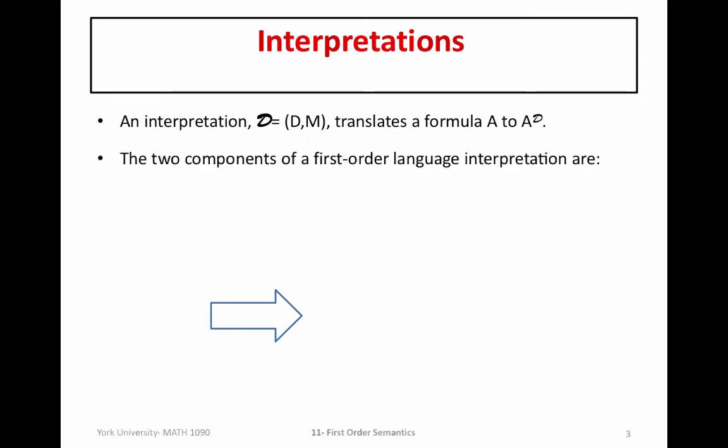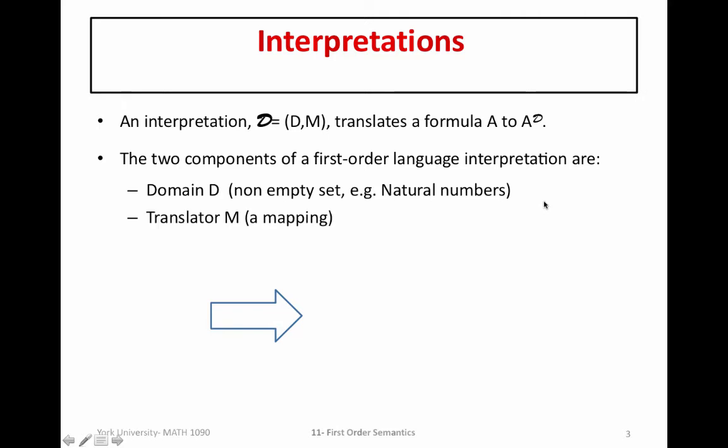So the D corresponds to the domain that we're looking in. So we're looking at the particular language within mathematics. So in particular, oftentimes we will use a set of numbers like the natural numbers, or a particular finite set of numbers, a set of real numbers, the integers, whichever domain you wish to choose.